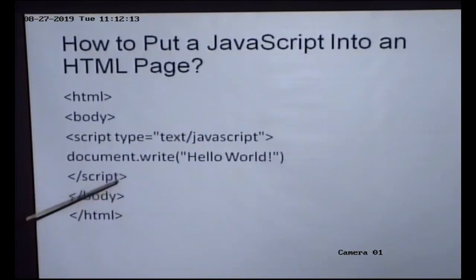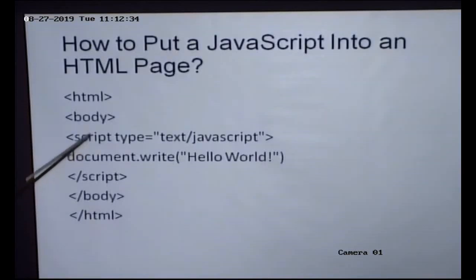You can use the script in either the header part, the body part, or in a separate file. In this example, the script is inserted inside the body of your HTML page.